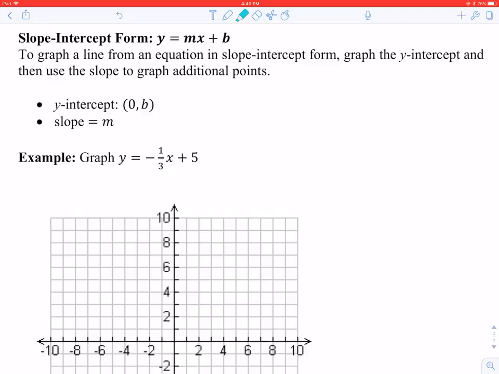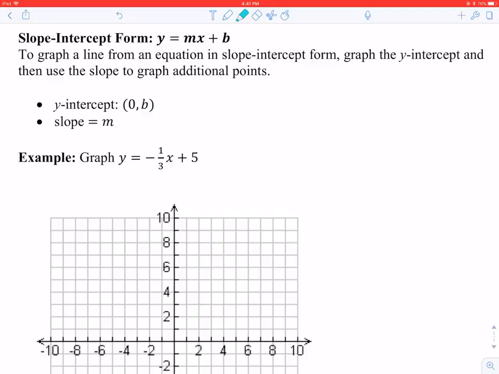Okay, so the second form of the equation of a line that you probably learned about was slope-intercept form. And it's in the name what the equation tells you about the line. It tells you the slope, and it also tells you the y-intercept. Think about it from standard form.